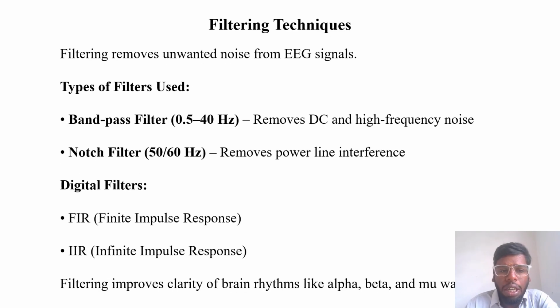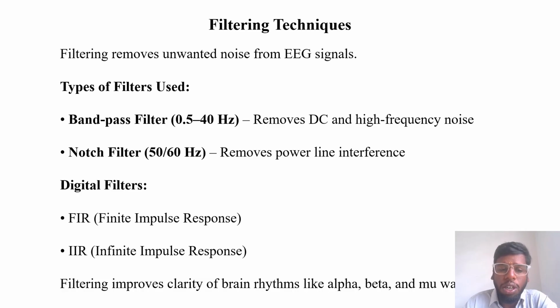Filtering techniques remove unwanted noise from the EEG signals. The types of filters used are band pass filter, high pass filter, low pass filter, and notch filter. The band pass filter is used to remove direct current and high frequency noise. The notch filter removes the power line interference, which I have already said.